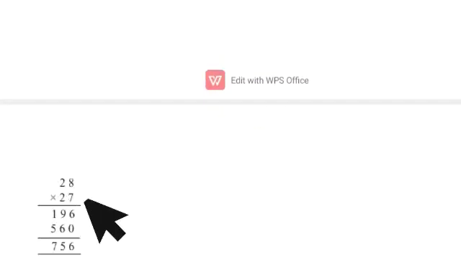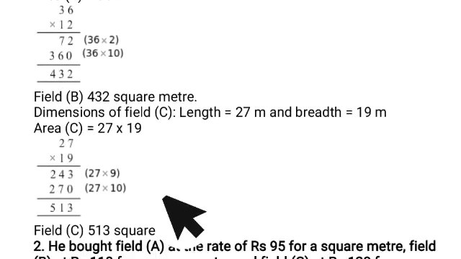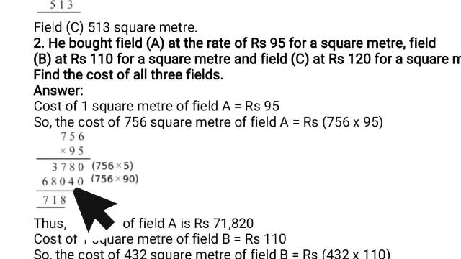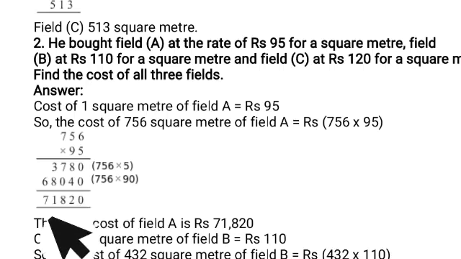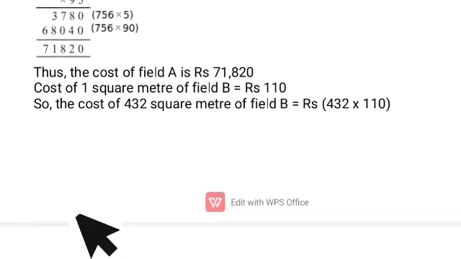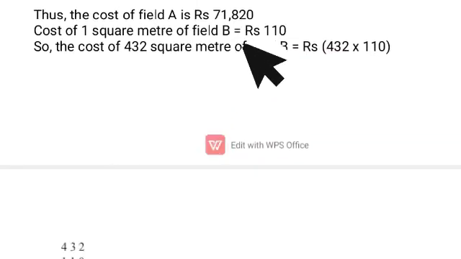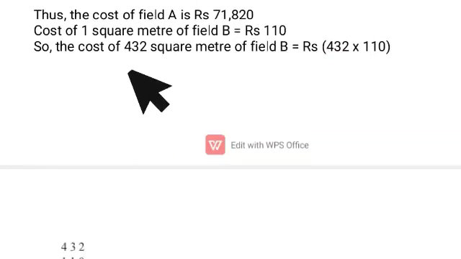Field A का area मिला था हमें 756. That's why, 756 multiply 95. If we do the multiplication, we will get 71,820. And for field B the rate is rupees 110 and the area is 432.